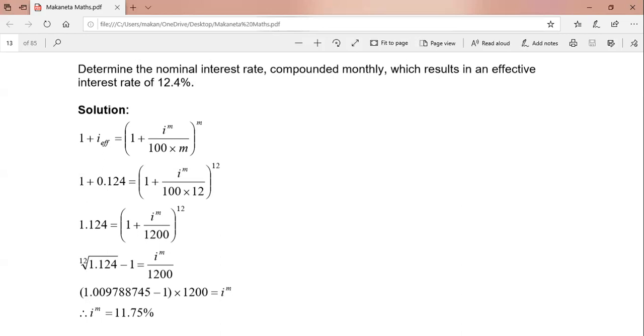Remember that whatever you do on the left-hand side must also be done on the right-hand side. So the 12th root of 1.124.